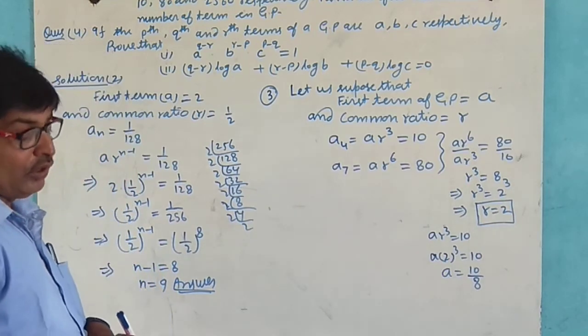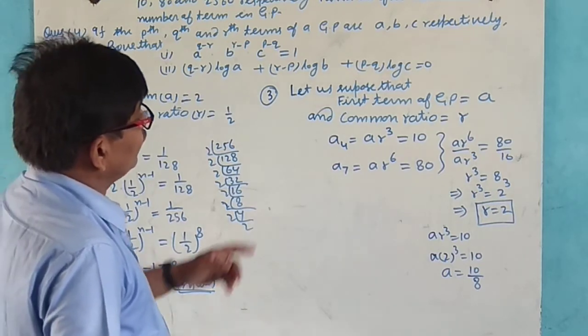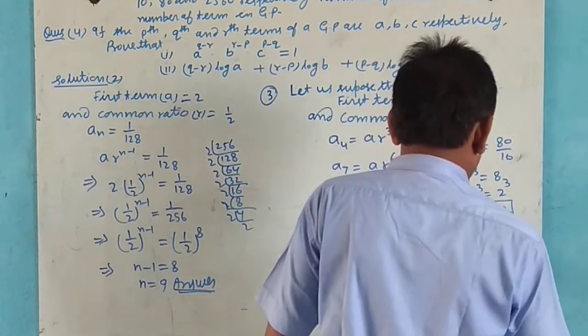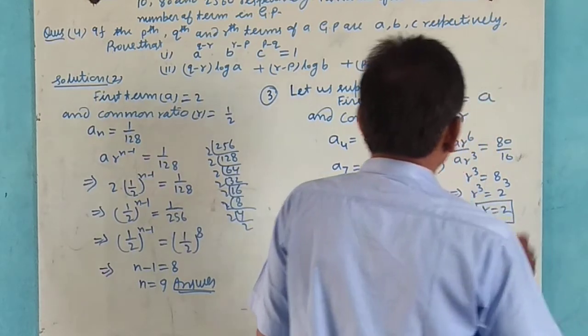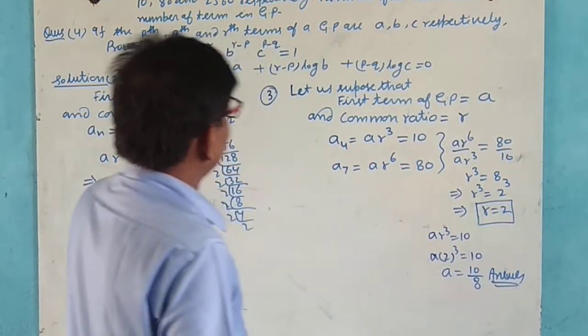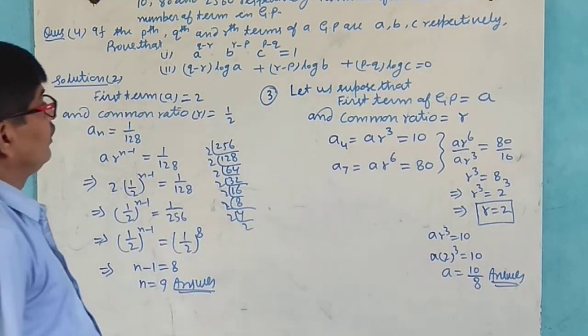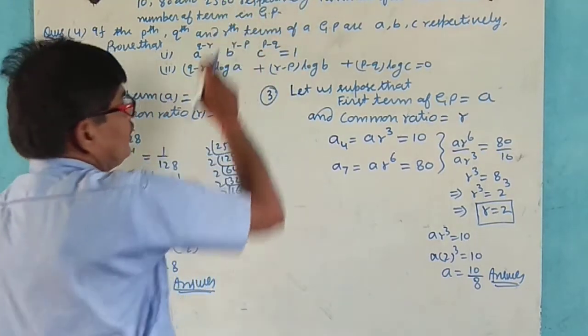Now we have to find the first term A. The first term answer is this. Find the first term and the number of terms in the GP, where the last term is this.